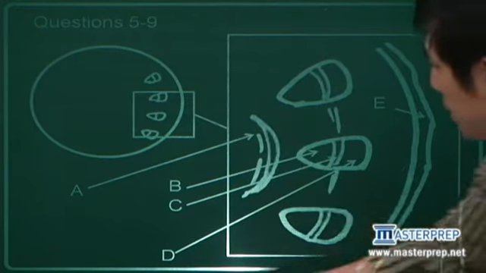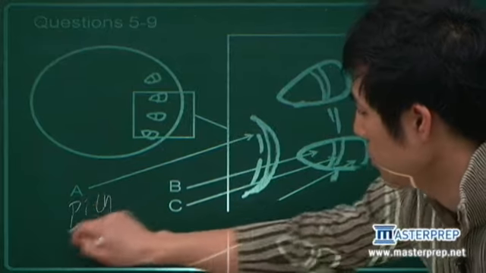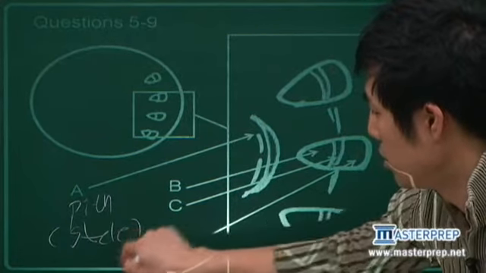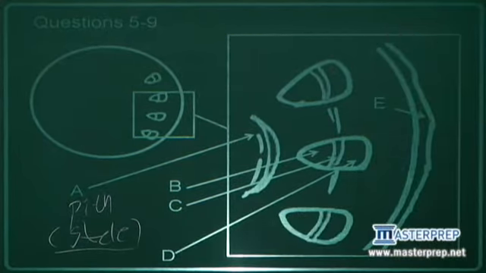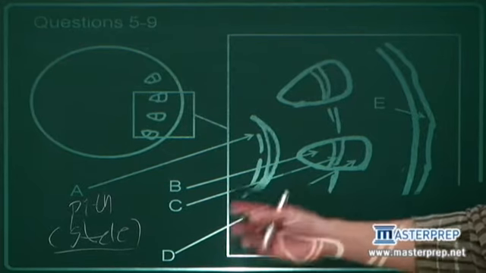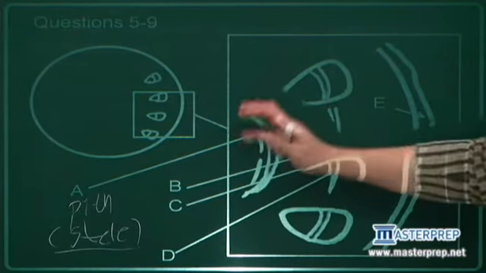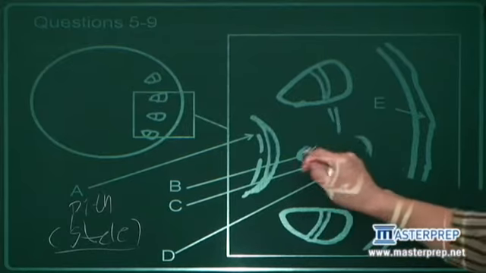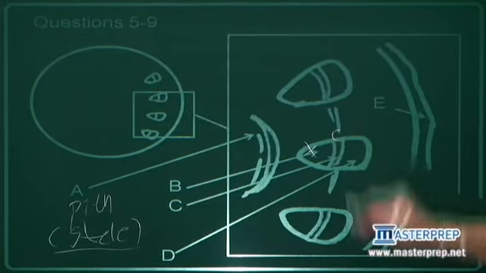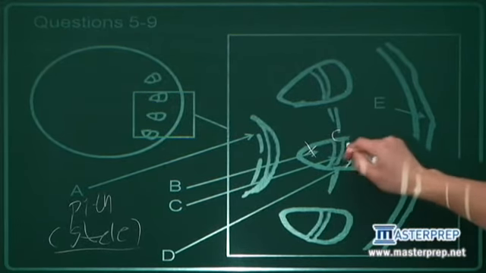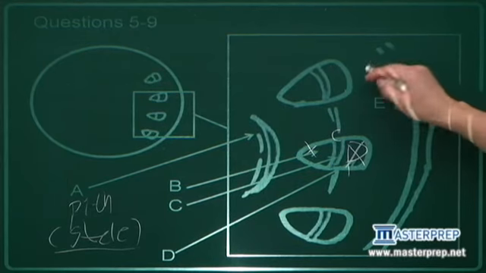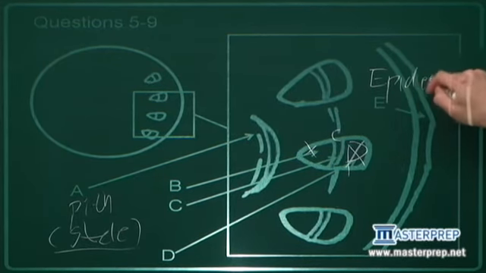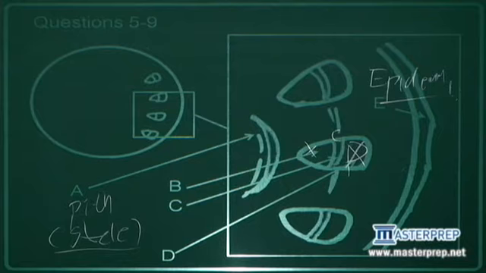So A, this is pith, right? Or steel. So this is a part that stores the nutrient and at the same time supports the stem. And B, again, this is xylem, this is cambium, this is phloem, and here, this is epidermis, right? Which is kind of bark here.